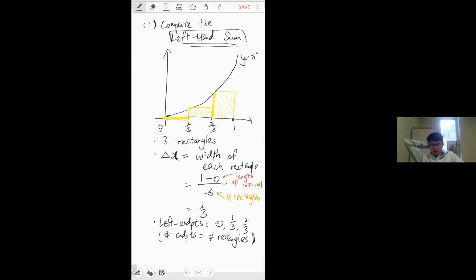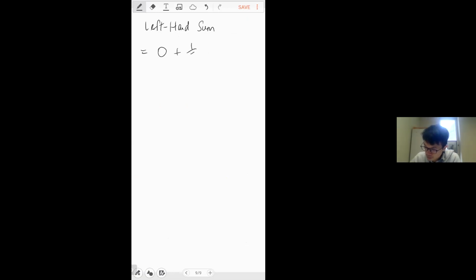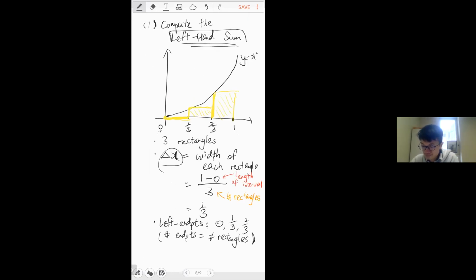The second rectangle: if I want to compute the area, I have to know the width and the height. What is the width? The width is always 1/3, right? We already computed it here. So delta x is the width. It's always 1/3 times the height. What is the height in this case?